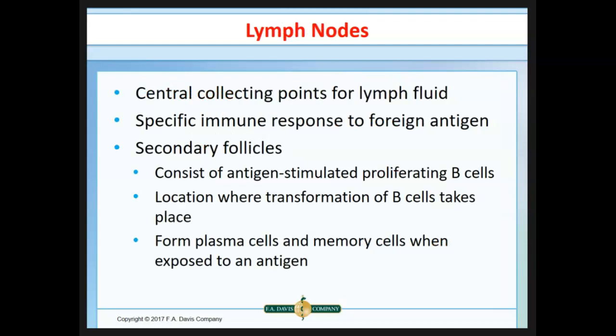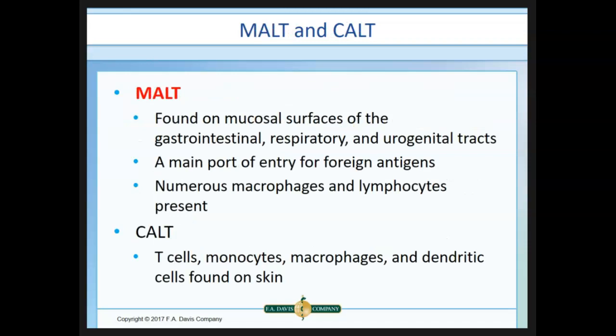The lymph nodes are the central collecting points for lymph fluid. It's where the specific immune response to foreign antigen occurs, and we don't really care about the secondary follicles. But lymph nodes, they're scattered all throughout the body, and this is where antigens come into contact with our immune cells mostly.